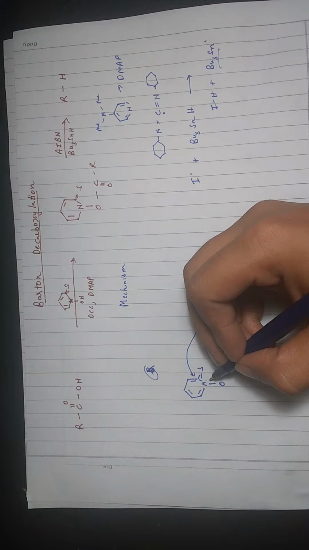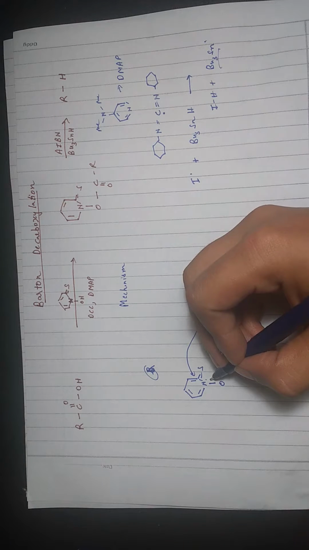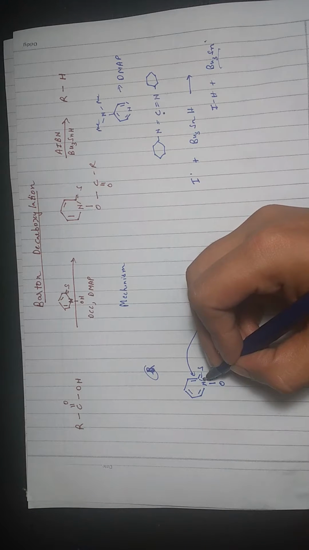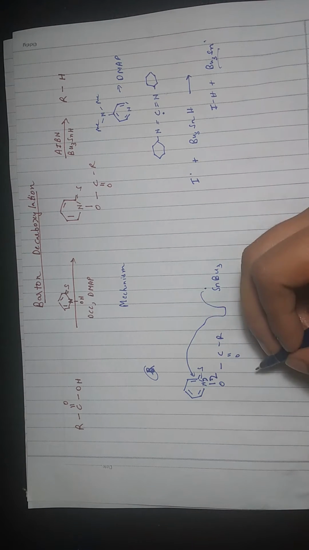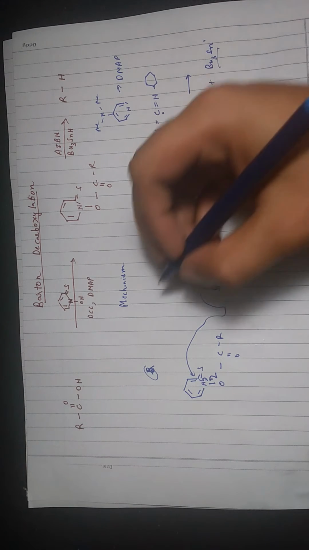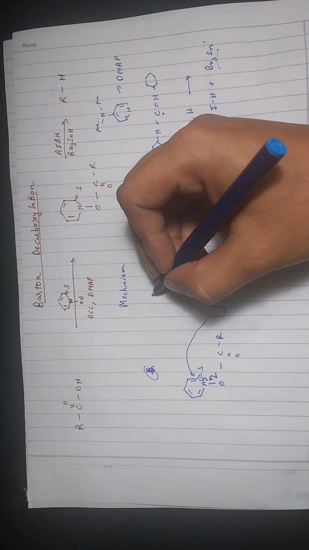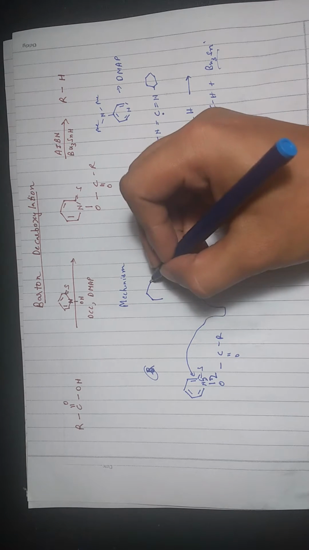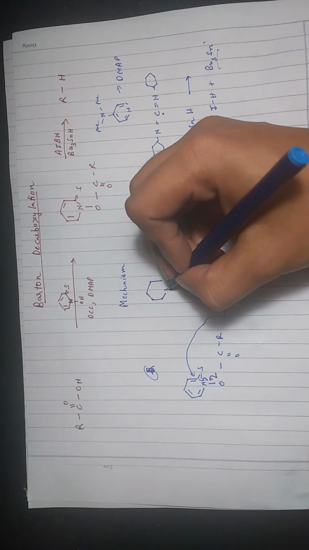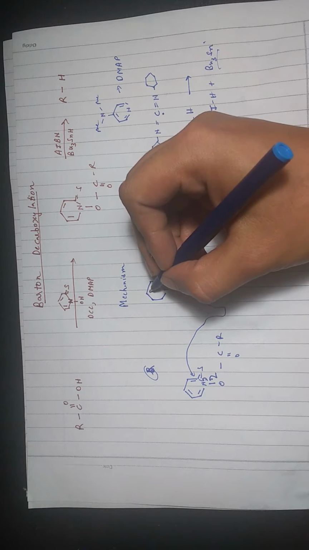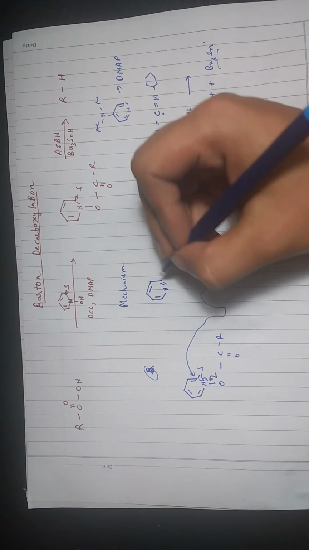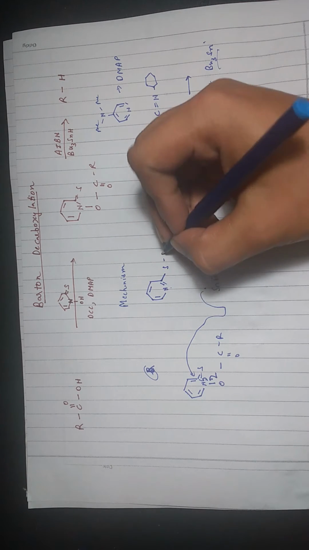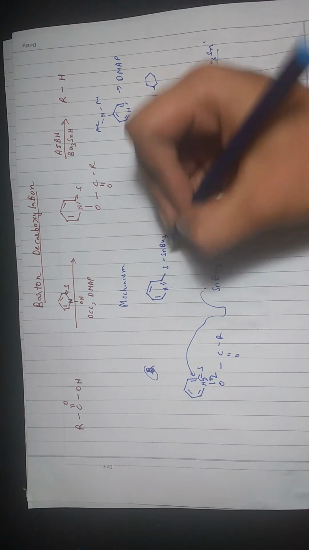So what it does is that this comes like this, and one of the radicals goes like this. So I think it's not clear. I'll draw it over here. What we are going to get is basically nothing but this group, and to one of these we have SnBu3.